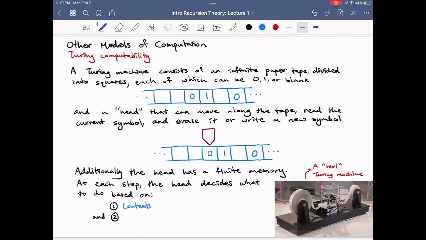So at each step, it will decide what to do based on the contents of its memory and the contents of the current square. And people have even tried to construct actual physical Turing machines of some sort. You can see a picture of that at the bottom. So that's the idea of the machine.